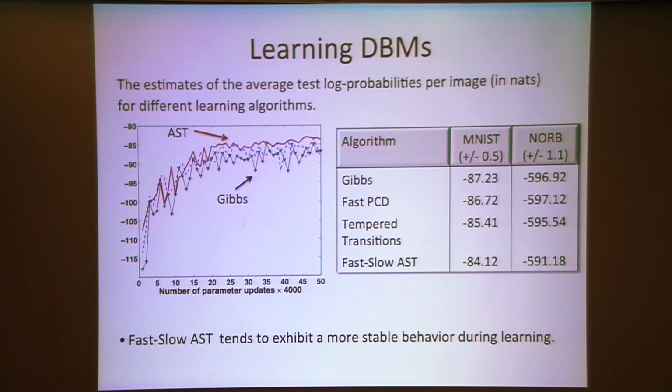I haven't gotten into very specific details about what these models are doing, but I just wanted to point out that there are lots of techniques that you could explore when you're learning these models, and we're not there yet. So it might be up to you to figure out the next greatest learning algorithm for these models.